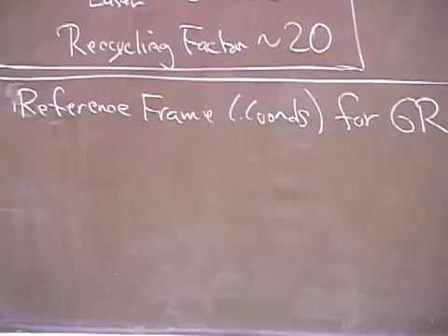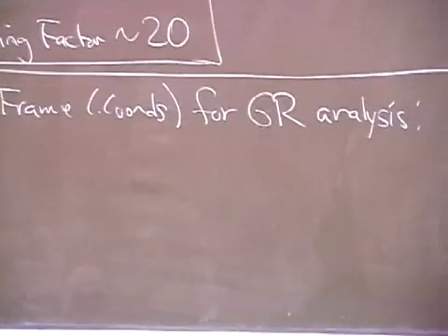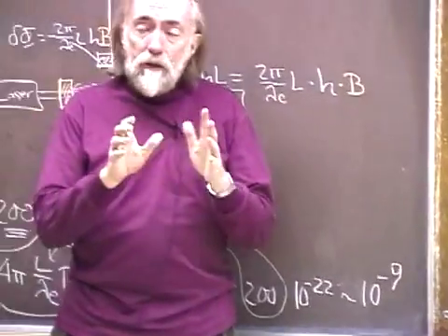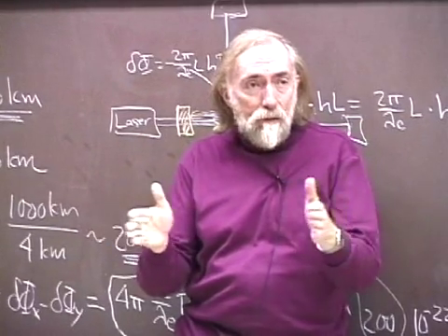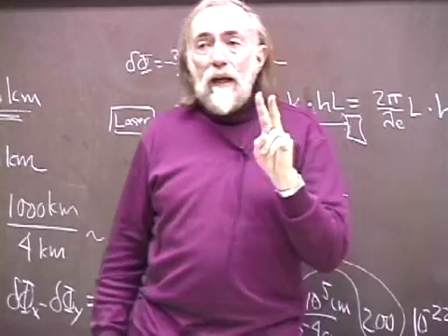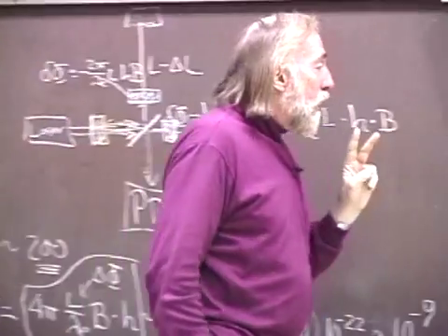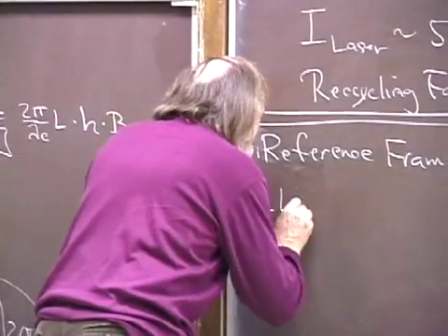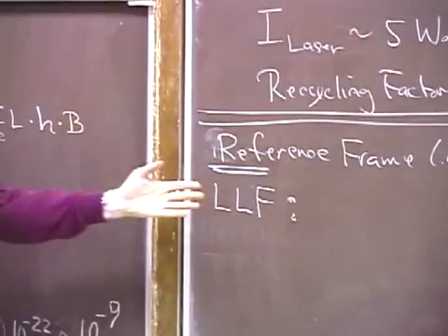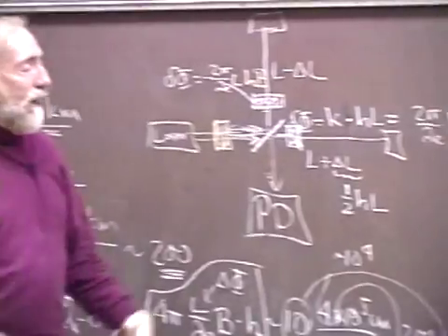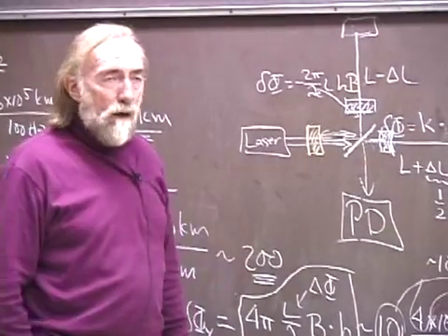Last term, when we talked about the physics of gravitational waves, the polarization states, the motions of test masses in response to gravitational waves, we had two ways of doing this. We had a local Lorentz frame, and so the observer in a local Lorentz frame had to be freely falling.